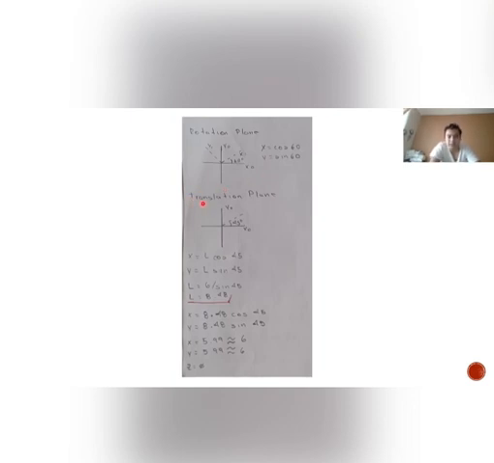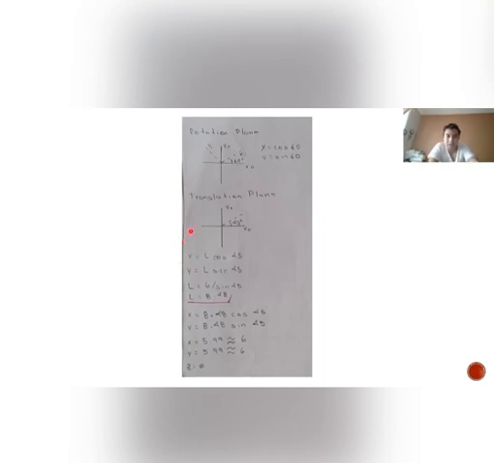Now we draw the translation plane, and we put it equal to the rotation plane, with Z in front of us, and we draw X and Y. We draw X0 and Y0. We put the 45 degrees that is in the example, the degrees of the translation.